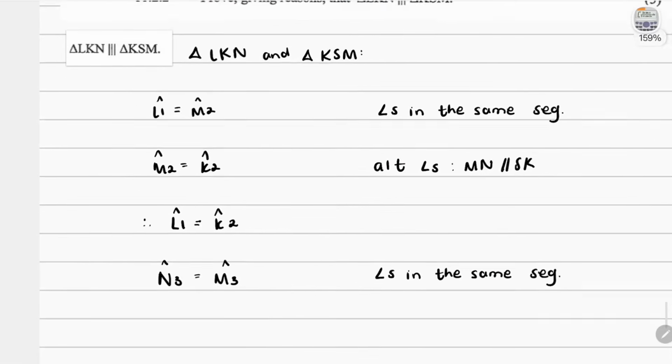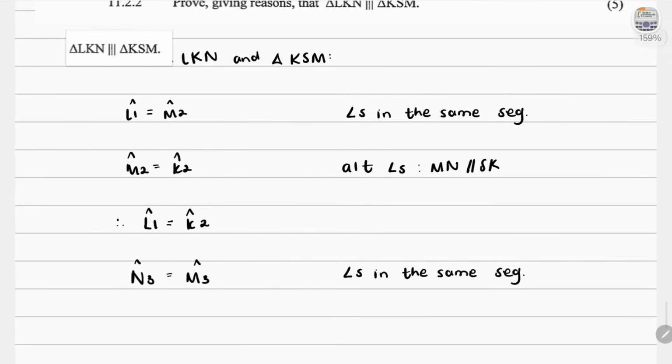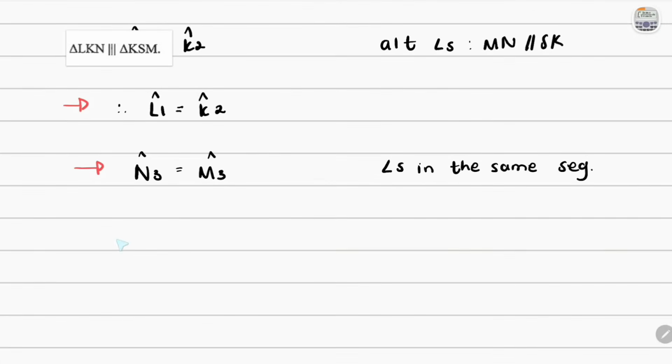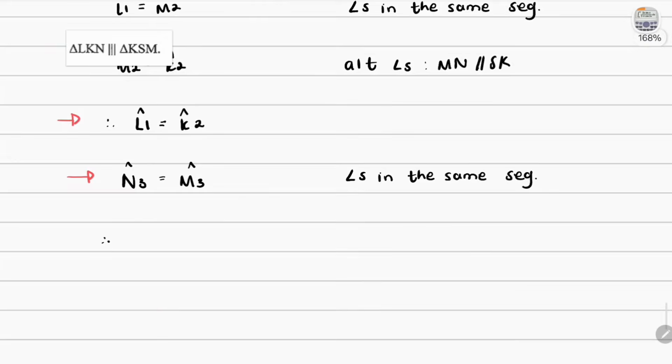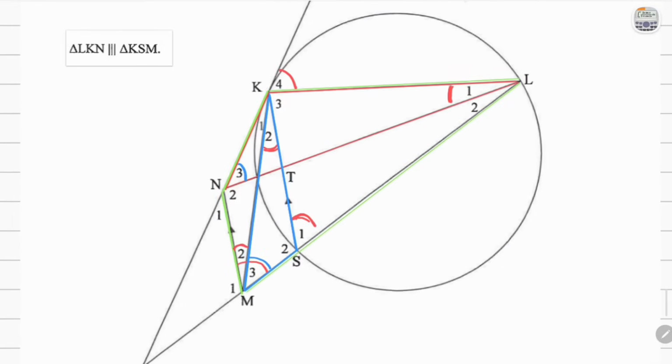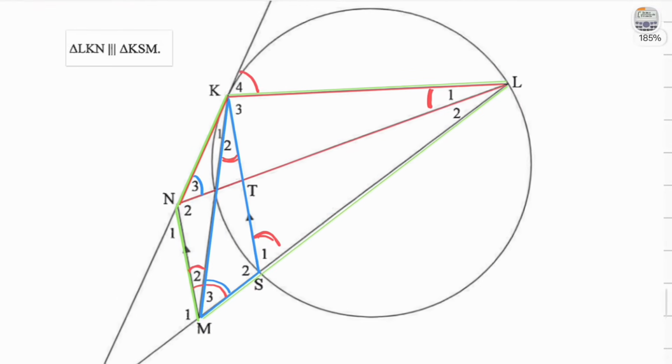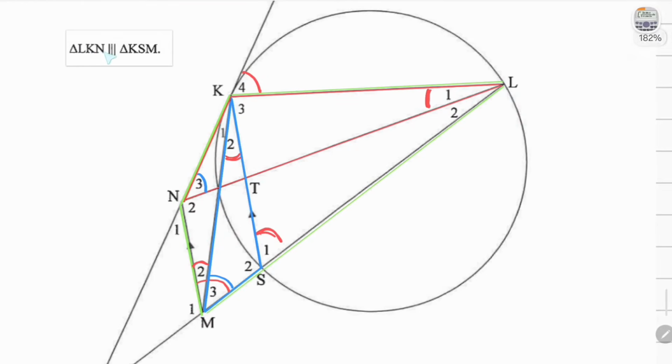Because we have two angles in each triangle being equal, by default the other angle will be equal in each triangle. So we can finally tell them that this last angle would be equal. It was LKN and KSM. The other angle that we didn't speak about yet was this angle here, which is equal to angle S2. Let's call this angle LKN.